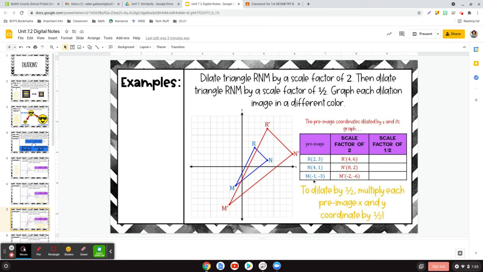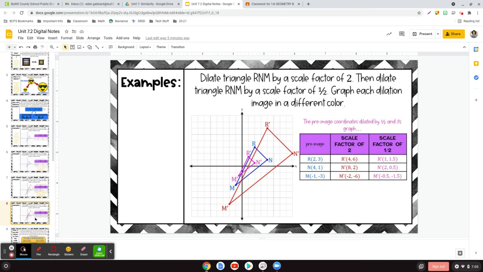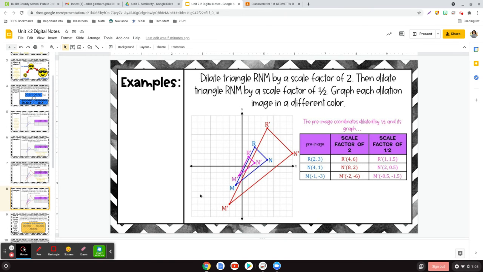And on M, it's -1 times 0.5 and -3 times 0.5. And here in this purple, right here in this column, we have our new coordinates for our triangle that has a scale factor of 1/2. And over here on the graph, you can see that this little purple triangle is 1/2 the size of our blue triangle.